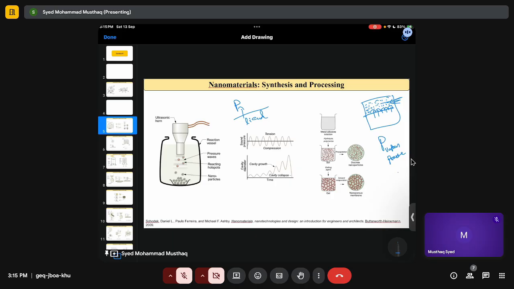Then we went for sol gel, right? So at first you have a precursor, then you do the precipitation such that the nanoparticles will come out, and you give them time. Let's just explain it in a few seconds. So at first I have a solution, then I add a precipitate forming agent. What does it do?